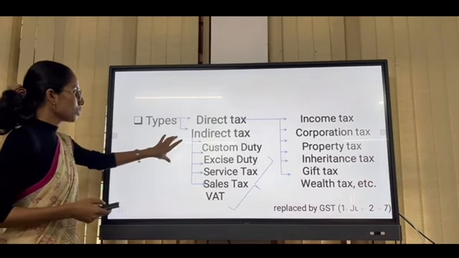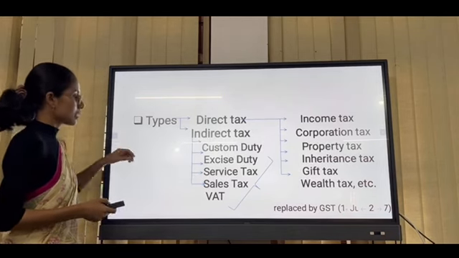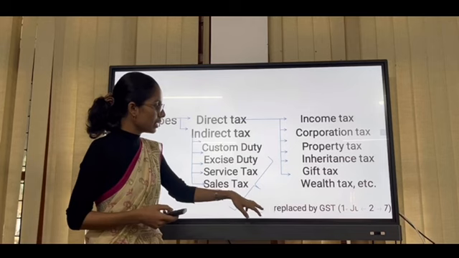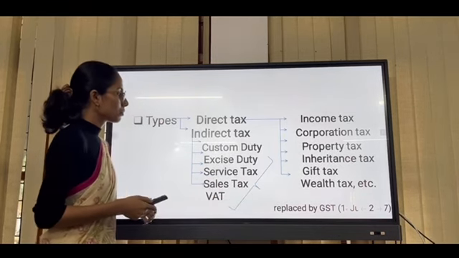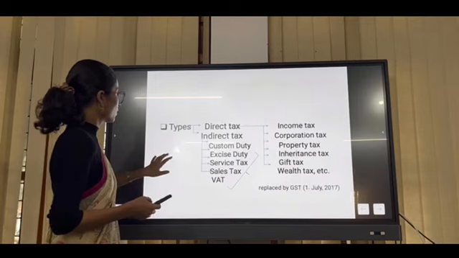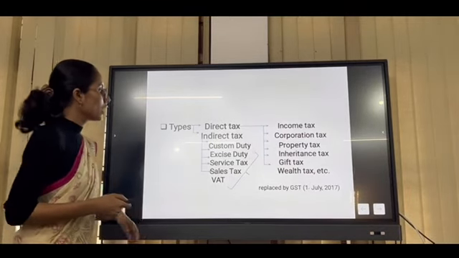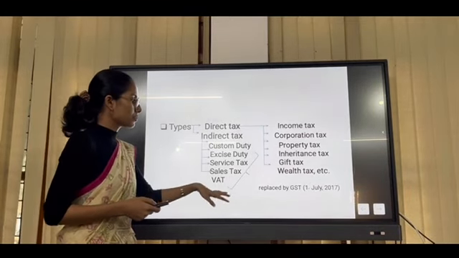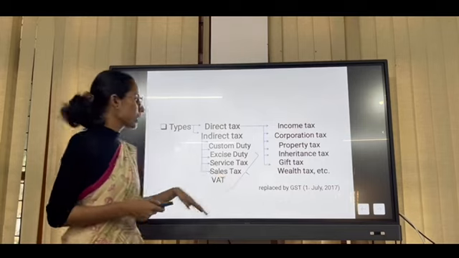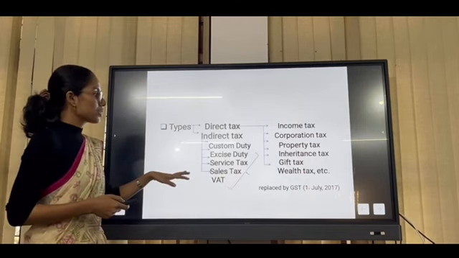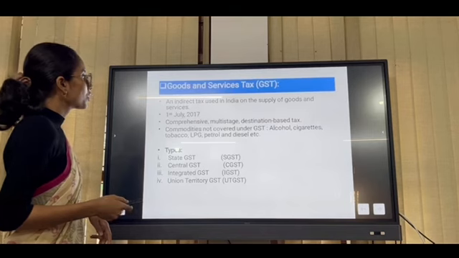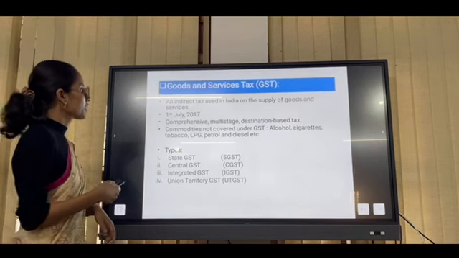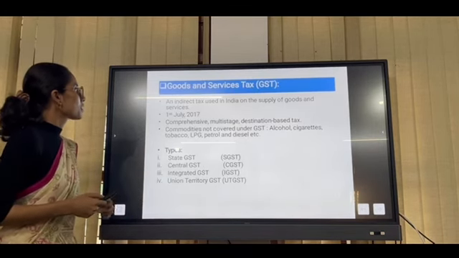But all these indirect taxes have been replaced by GST in the year 2017. All these indirect taxes have been replaced by one tax, that is GST. But a few commodities still continue to have other types of indirect taxes.